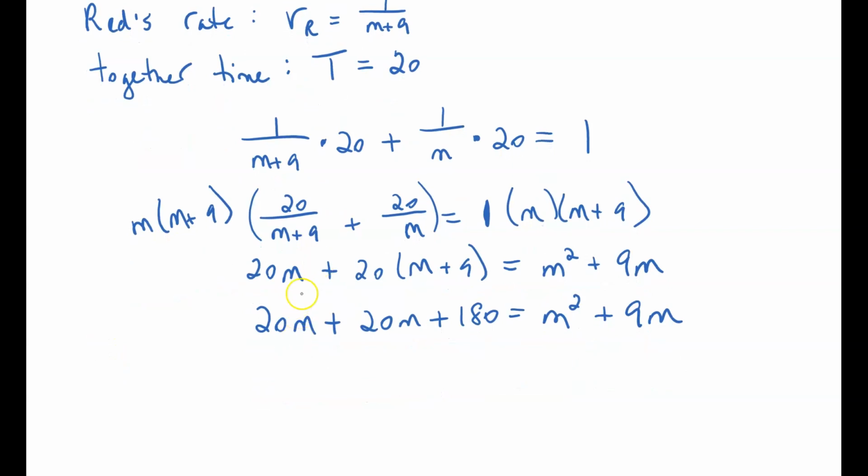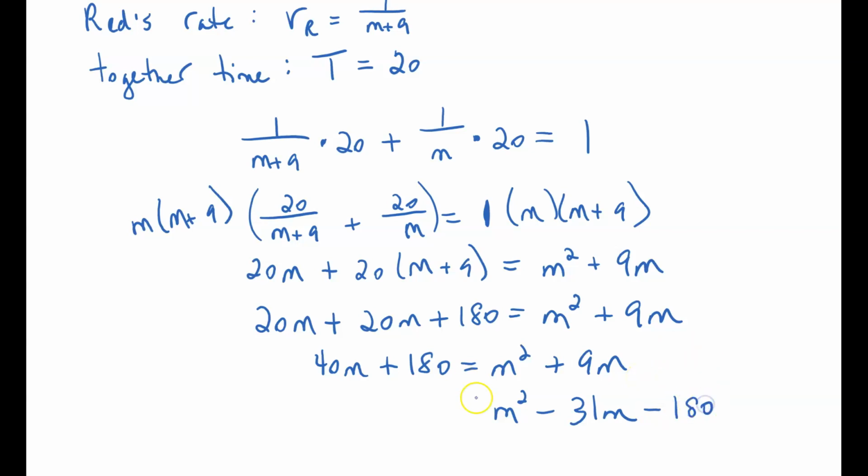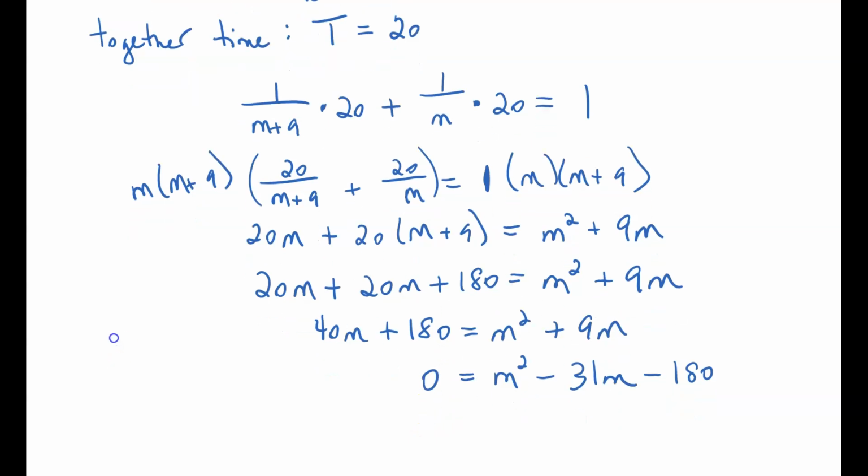All right, so over here I end up with 40m plus 180 equals m squared plus 9m. All right, I want to keep my lead term positive, so I'm going to subtract the 40m from both sides. So I have 9m minus 40m, I get negative 31m, and if I move the 180 over, I get negative 180, and this is all equal to 0, and why do we want it equal to 0?